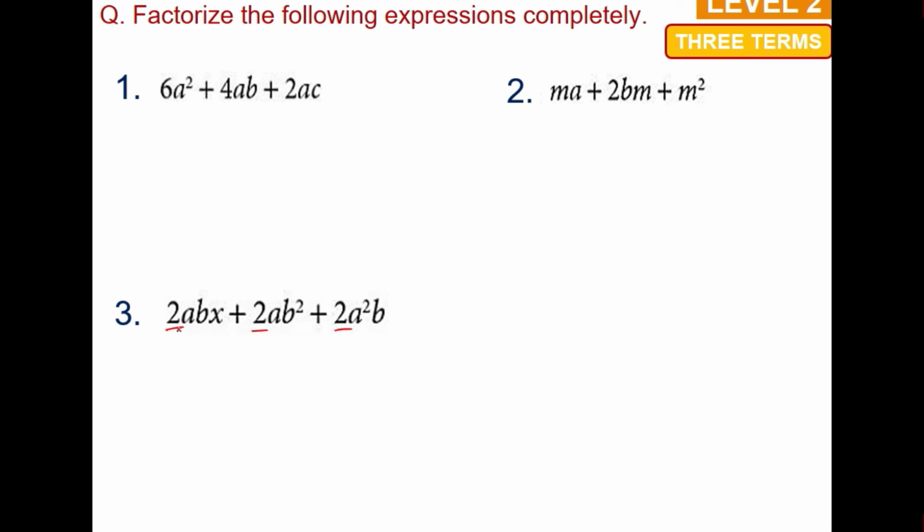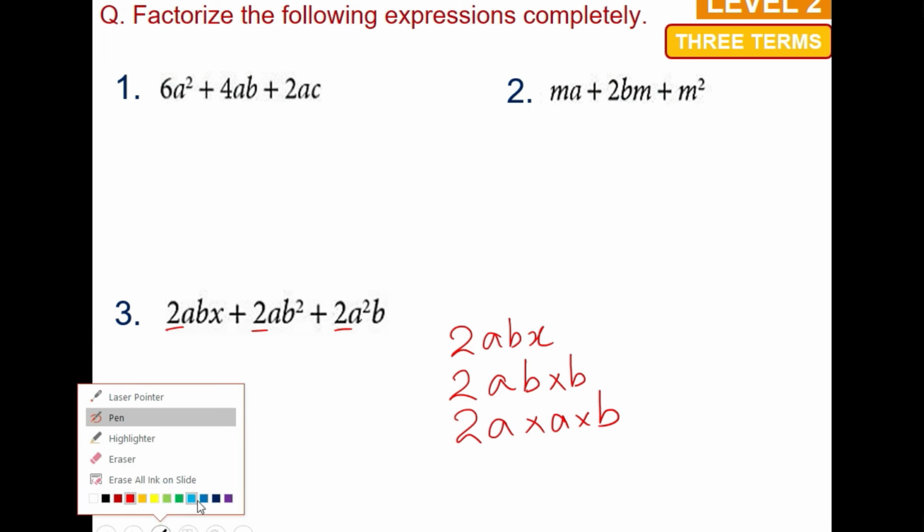In question 3, you can see 2 as the common numerical value in all three. You have 2ax, you have 2ab squared, where b squared is b multiplied by b, and you have 2a's and a b.